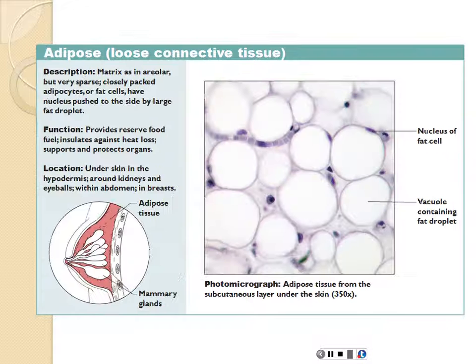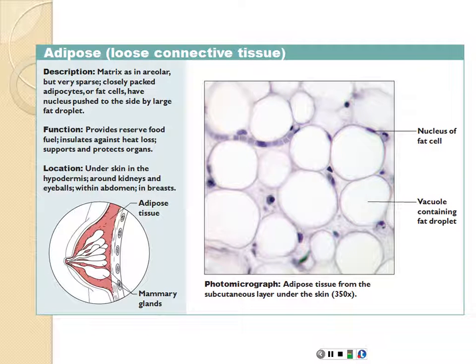Okay. And then adipose. So adipose tissue is made up of what type of cells? Fat cells, right. So in this picture, you can see the adipocytes, and you can tell by the nucleus.